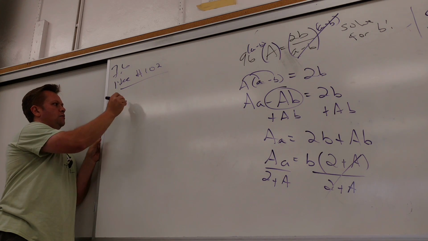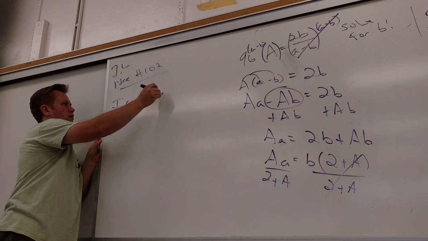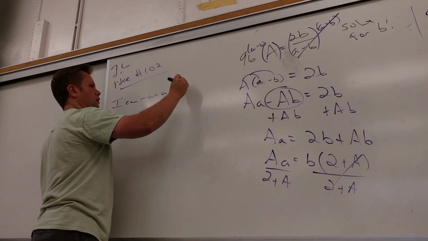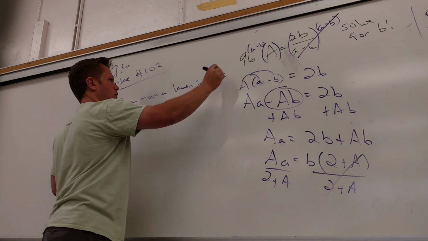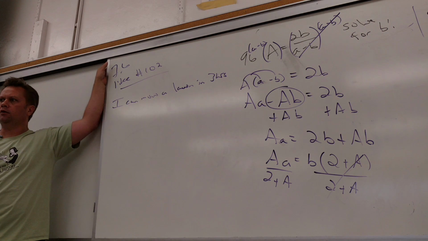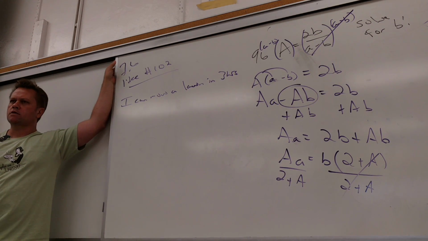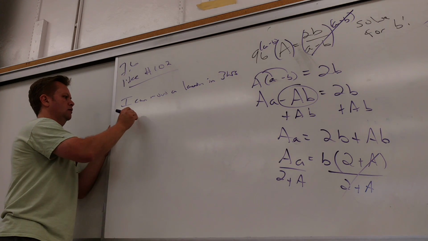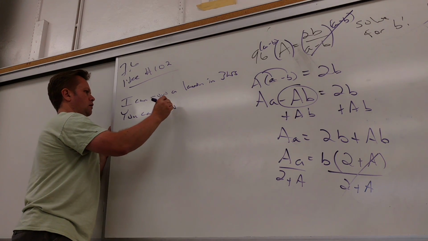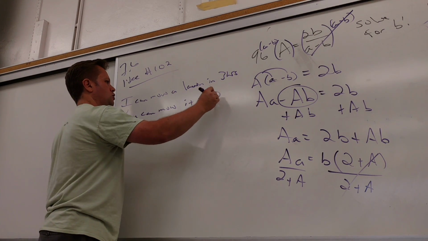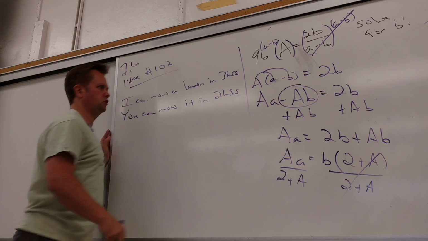All right, so let's say I can mow a lawn in 3 hours. It's a big old lawn, don't judge me. But you can mow the same lawn in 2 hours, because you do shoddy work.